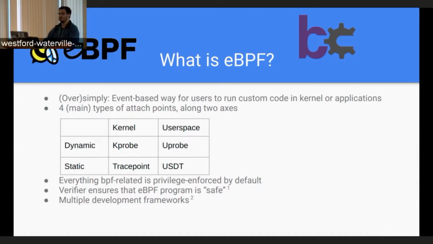There are also libraries for Rust, Go, and C++, and I think there's a hardware-based library. I don't really know a ton about that, but there are a bunch of different libraries for attaching eBPF to programs.